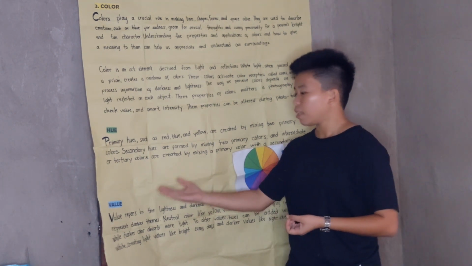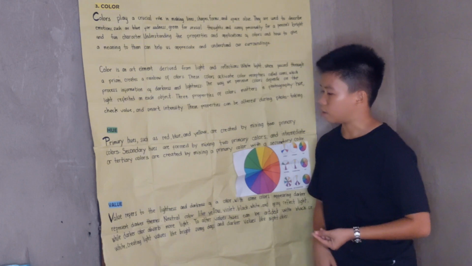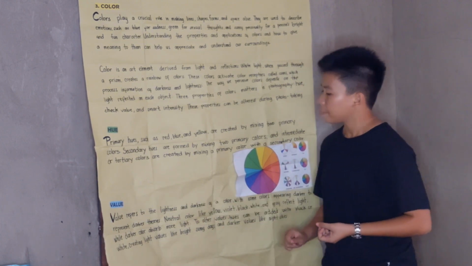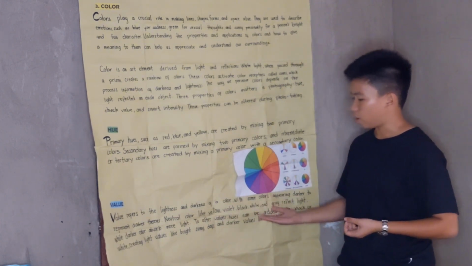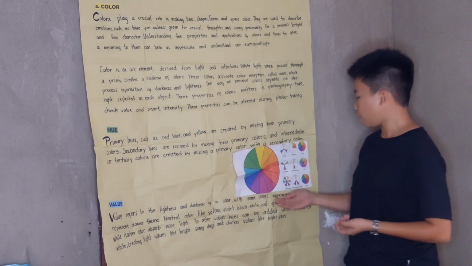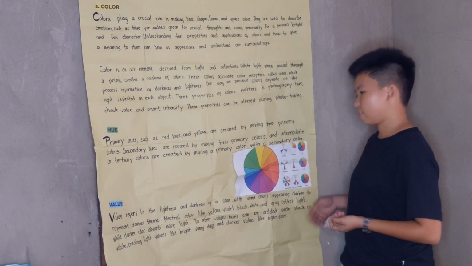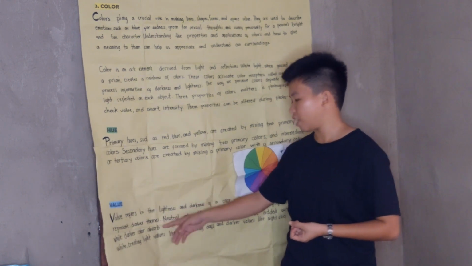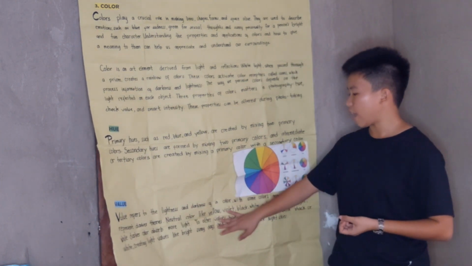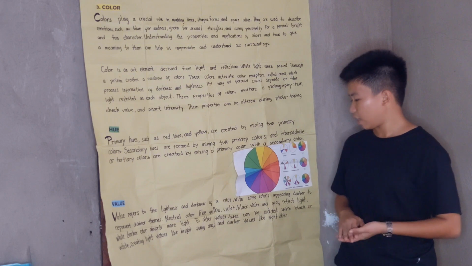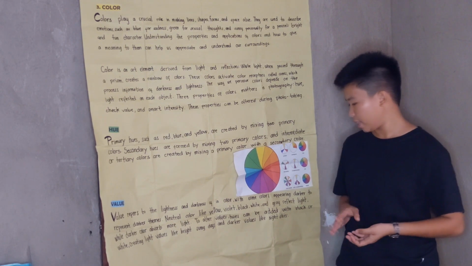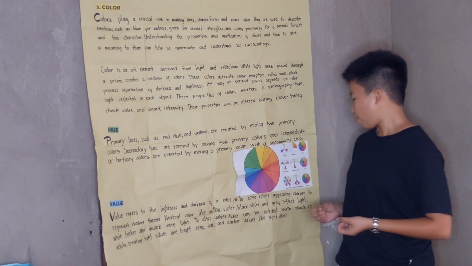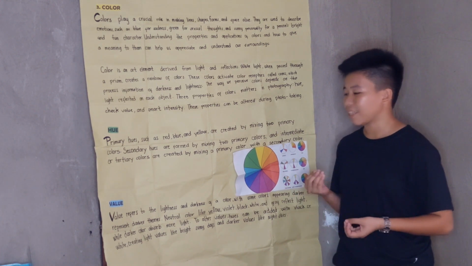So values. I will explain to you what values are. Value refers to the lightness and darkness of a color. Light colors like yellow and white reflect light.